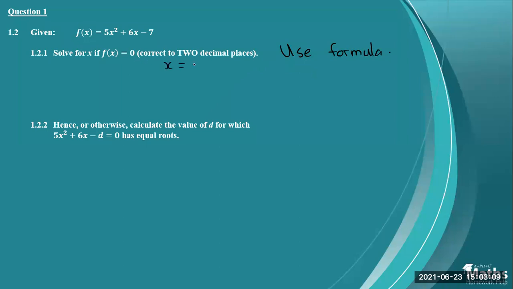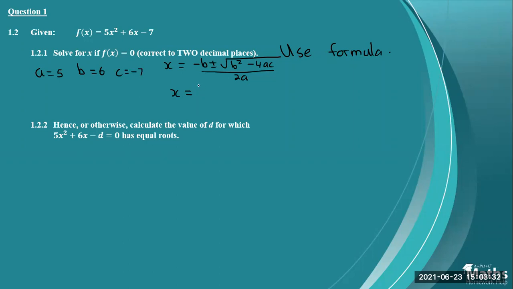x is equal to minus b plus or minus the square root of b squared minus 4ac, over 2a. So what is your a value? Your a value is 5. The b value is 6. And the c value is -7.